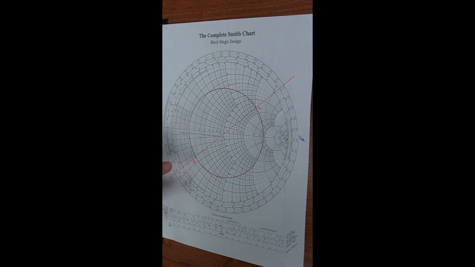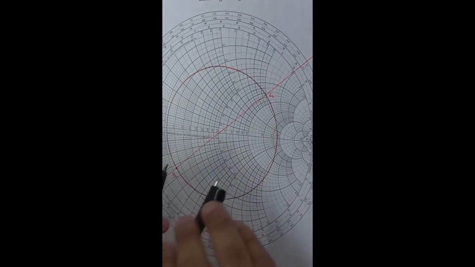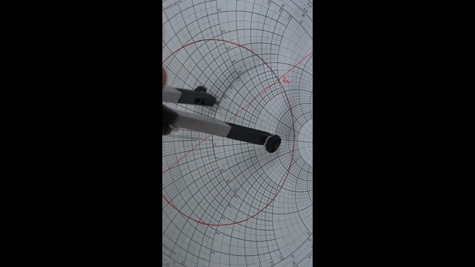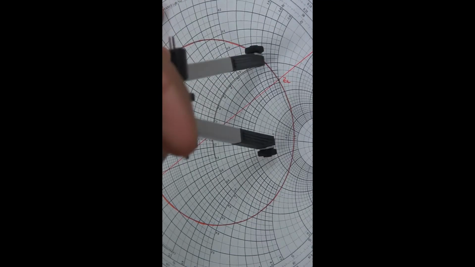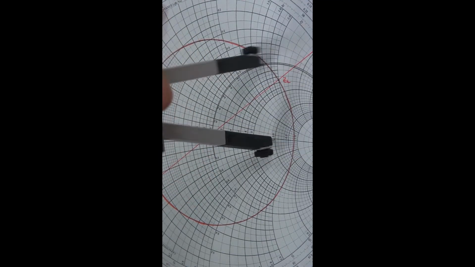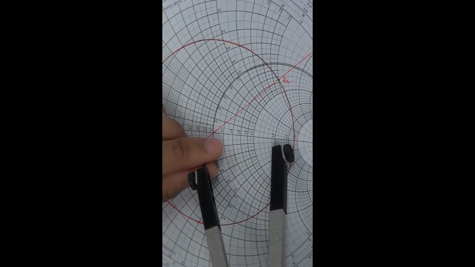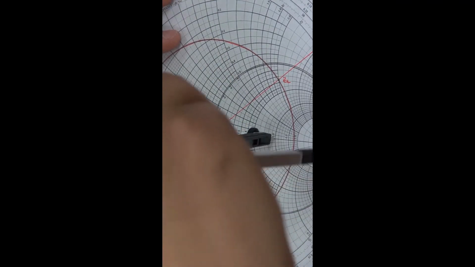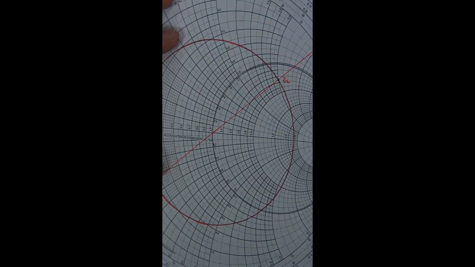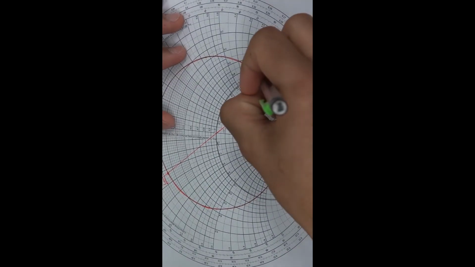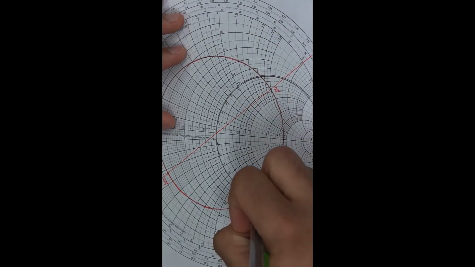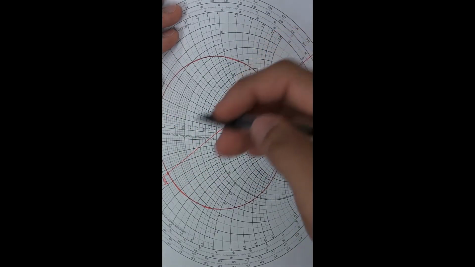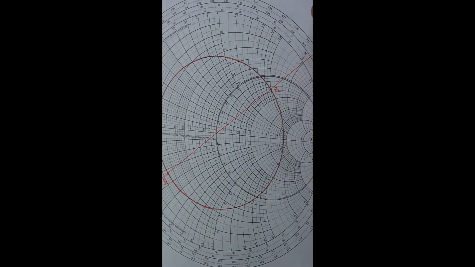So let's write it, enforce the circle. This circle will intersect in 2 points, this point right here and this point right here, and these points will give us the values of the admittance that we need to match in order to get a matching network.